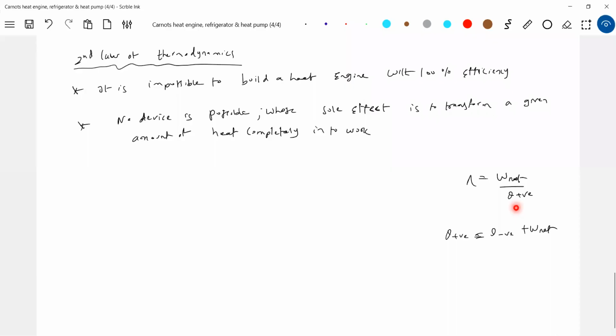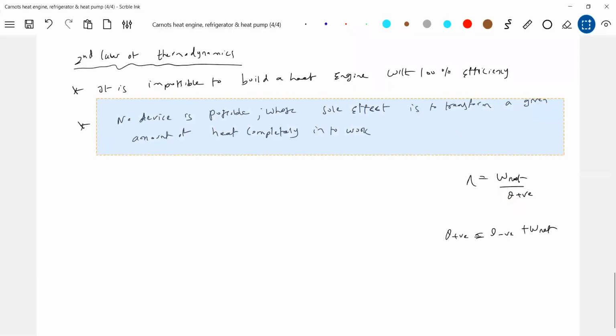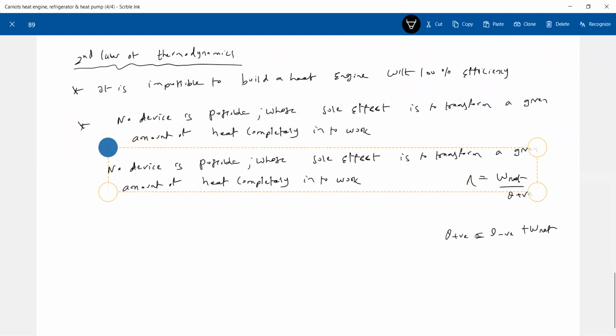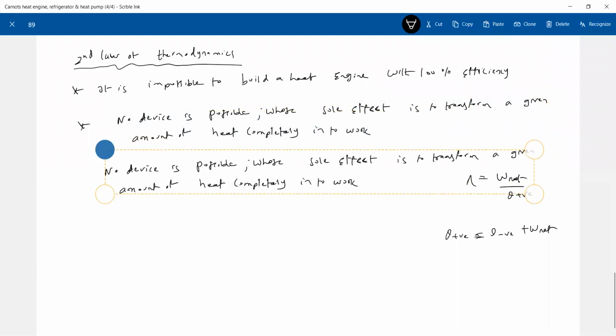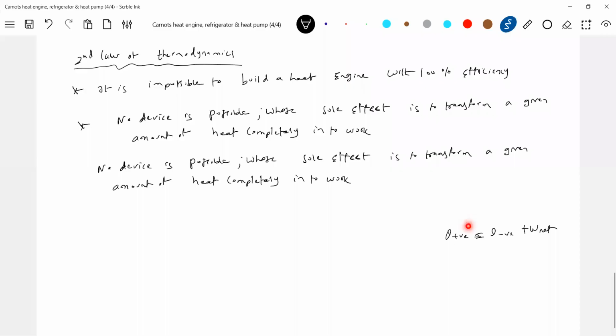Same thing in the Carnot cycle, we'll put it. We already know many things, we just have to put it in order.